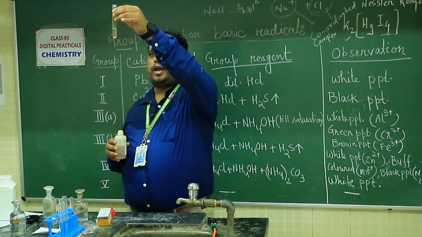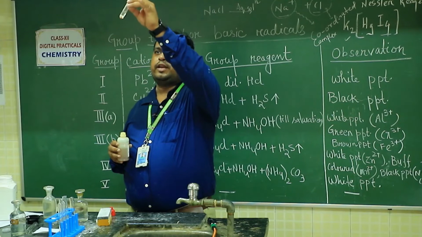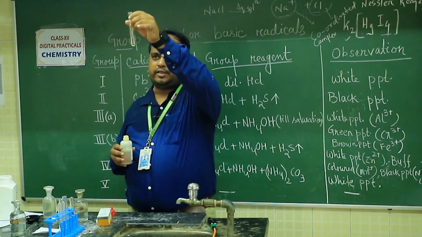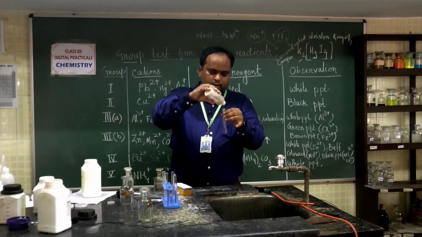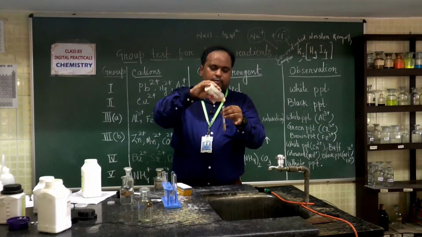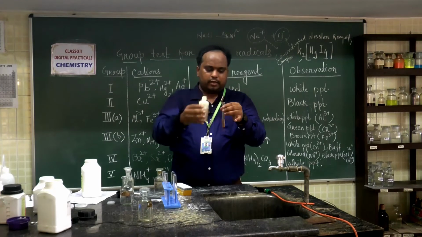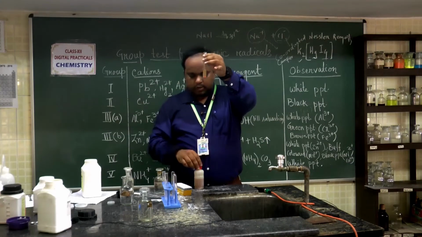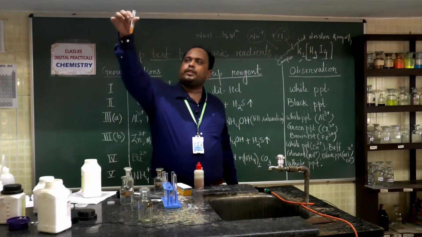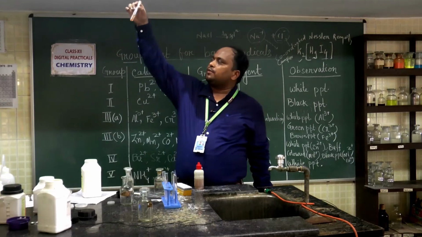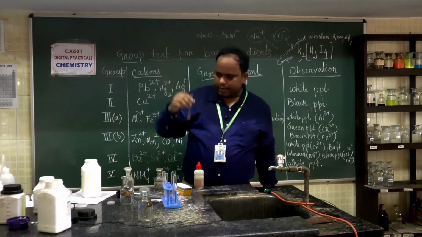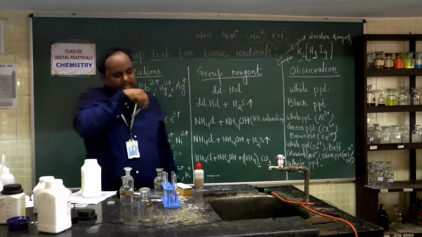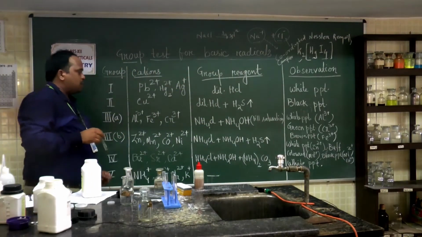See, when I am adding 1 drop, you can see at the bottom portion the brown precipitate is formed. I am adding a little more so you can see it properly. So see, you will get a brown precipitate here. You can observe gradually it will settle down here. Brown precipitate comes means ammonium is confirmed.